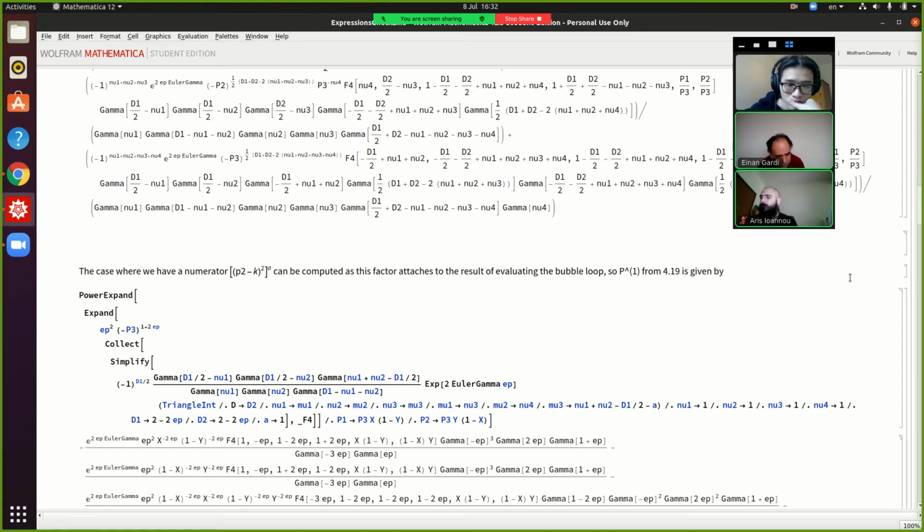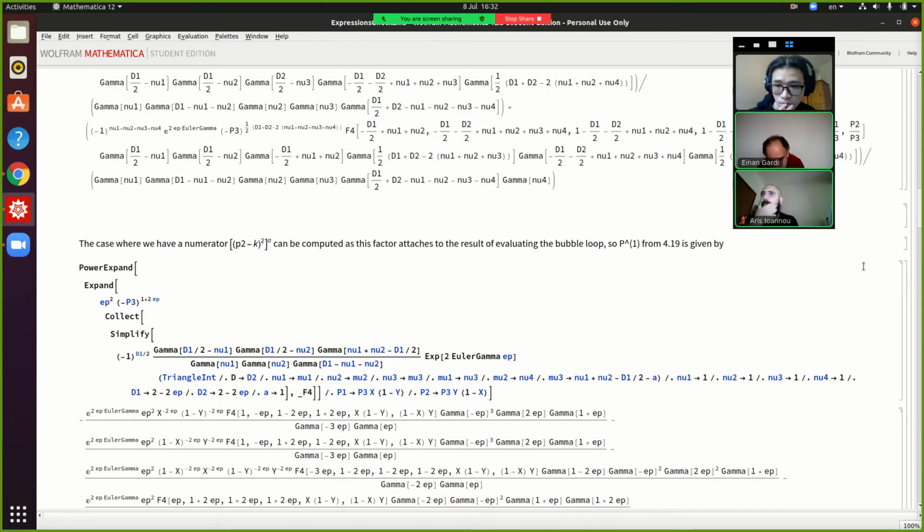So that identifies the master integral. And so you see that A enters into the parameters that enter into the Appell F4. So you get different Appell F4s for different integrals.